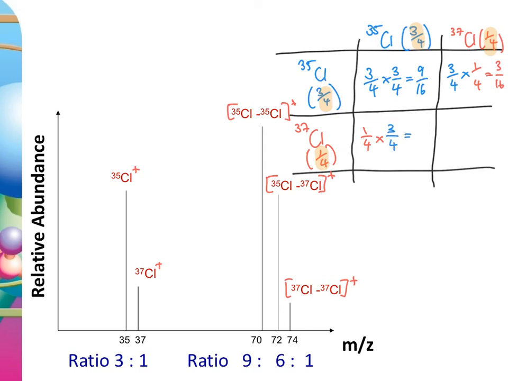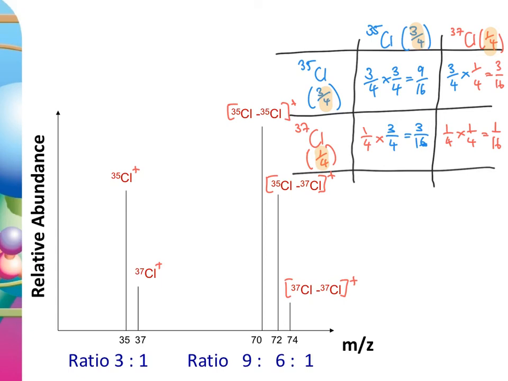So that would again be 3/16. And then finally I could draw out two chlorine-37s, which is 1/16.